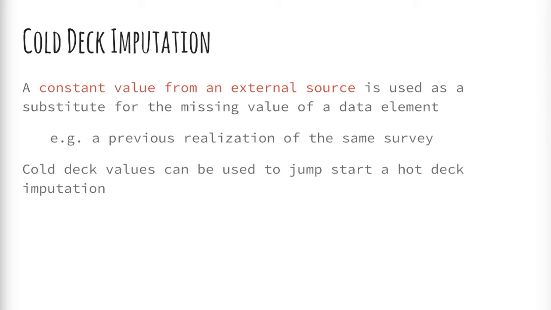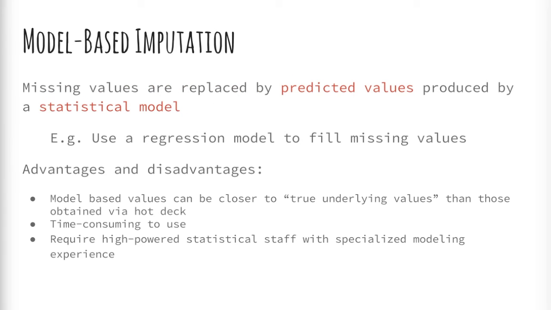Cold deck imputation substitutes a missing data element with a constant value from an external source, e.g. a previous realization of the same survey. Cold deck values can be used to jump-start a hot deck imputation. Model-based imputation replaces missing values in the dataset with values predicted by a statistical model.